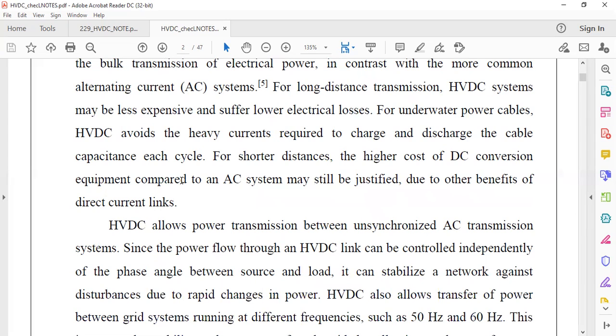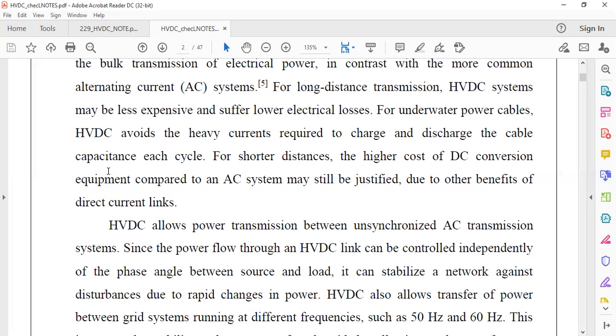So we need to convert that AC to DC, requiring a rectifier unit, then transmit through transmission lines and towers to the distribution end. There you use a DC to AC inverter unit, and then the distribution system to the appliances.